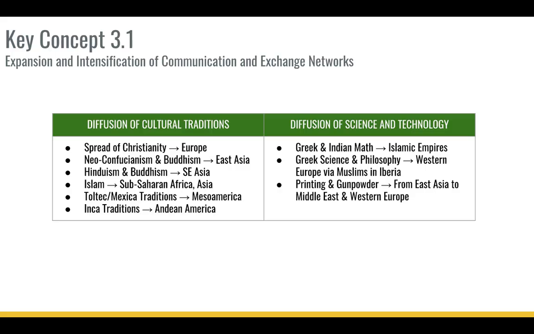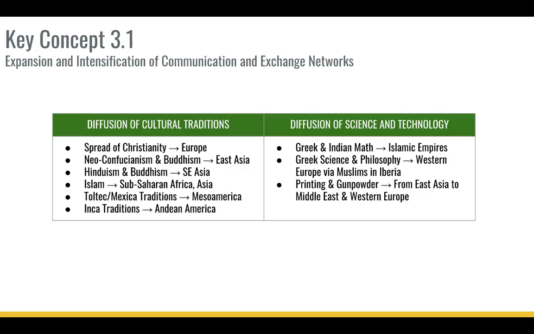And here you see some of the most significant ones that the AP Key Concepts points to. One example is the spread of Christianity, which continues in Europe in this time period, Christianity reaching Scandinavia around the year 1000. Neo-Confucianism and Buddhism spread throughout East Asia in this time period. Hinduism and Buddhism continue to spread in Southeast Asia.